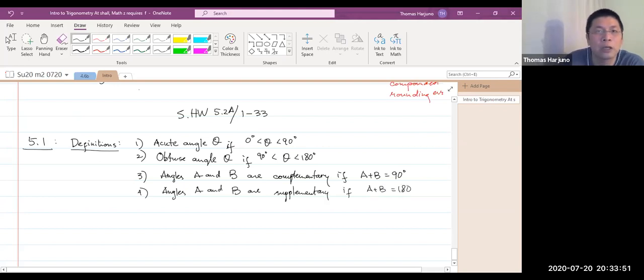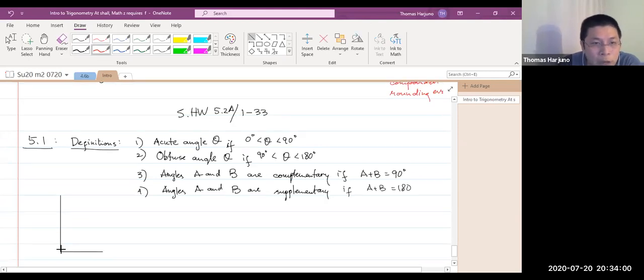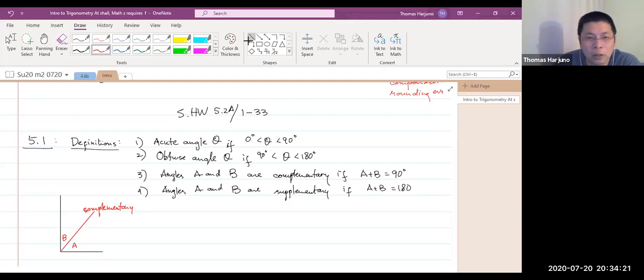Now pictorially, two angles are complementary if those two angles add up to a right angle. So let's say this is angle A and this is angle B. Then this is complementary.